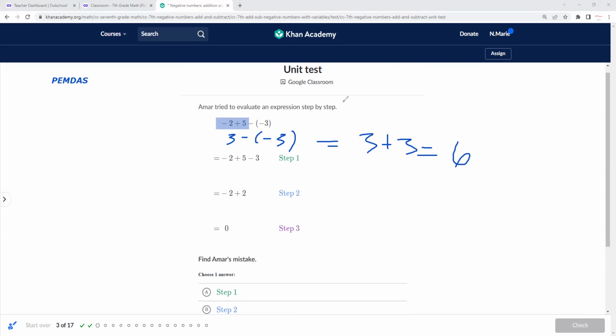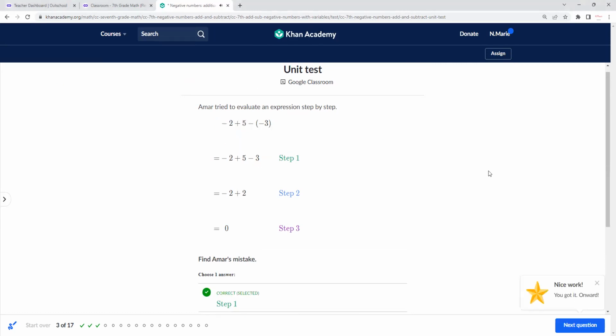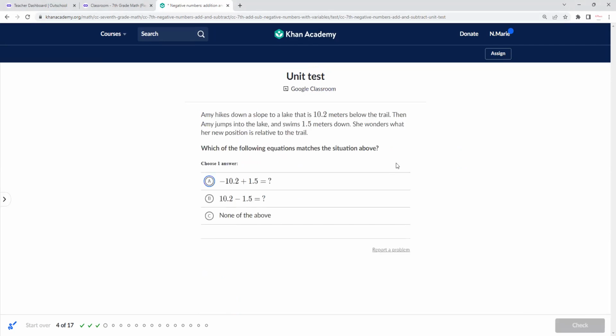So in step 1, he messed up. I'm not sure why it went from -3. He should have changed that to a +3. So that's where he messed up. That one step messing him up got him to the wrong answer. So that's why you have to be cautious with integers.